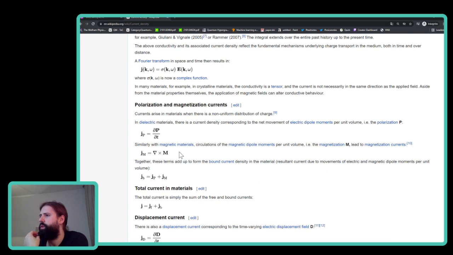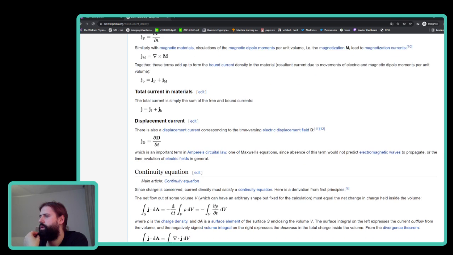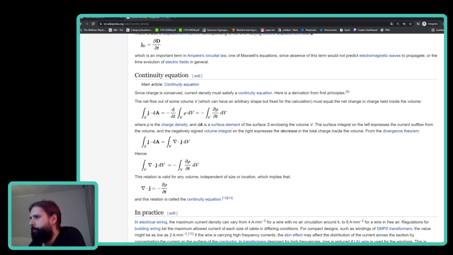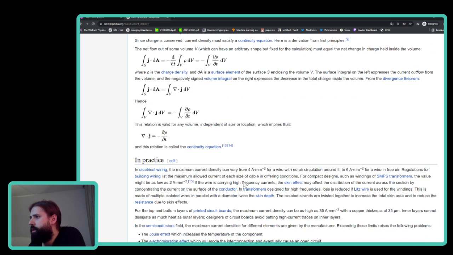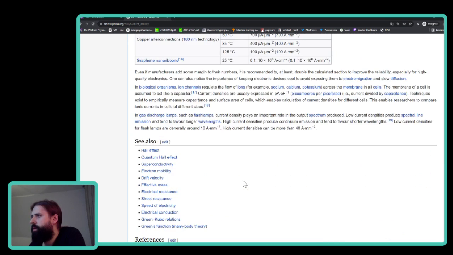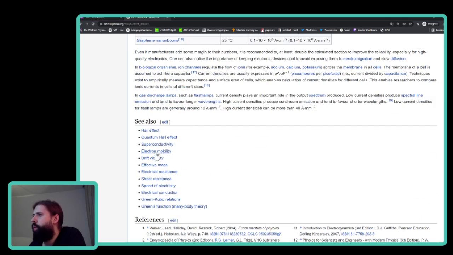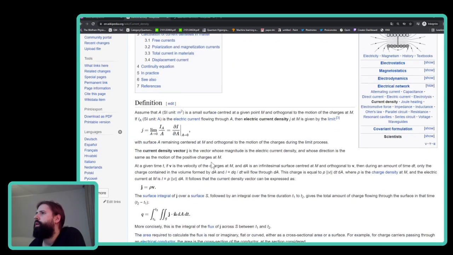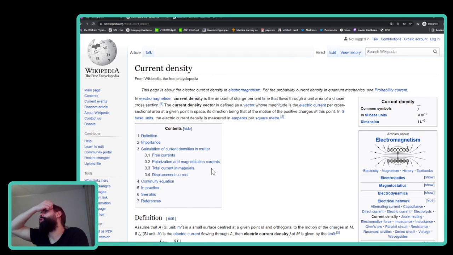That's even more confusing. The current density is the amount of charge per unit time that flows through a unit area.